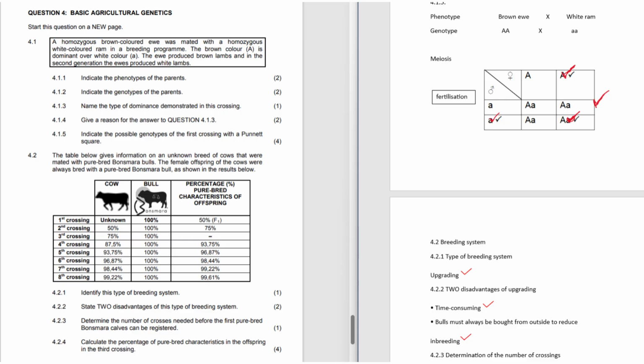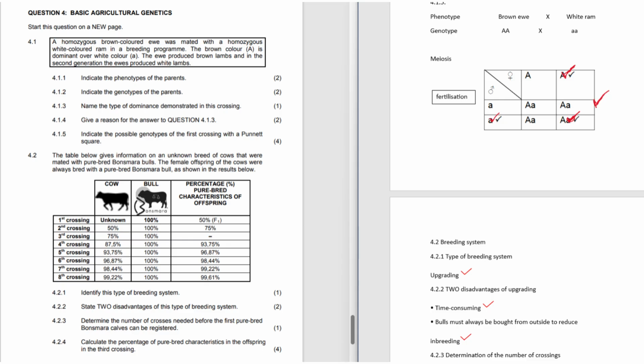The female offspring of the cows were always bred with the pure breed Osmara bull, as shown in the results below. Okay, then you can see that the bull is homozygous dominant. This bull is a pure breed with good desired traits, and it is mated with an inferior breed of cows. The aim is to improve the herd of poor traits.